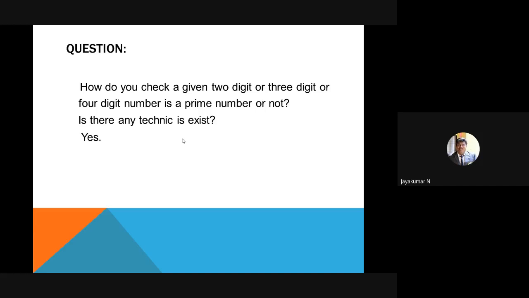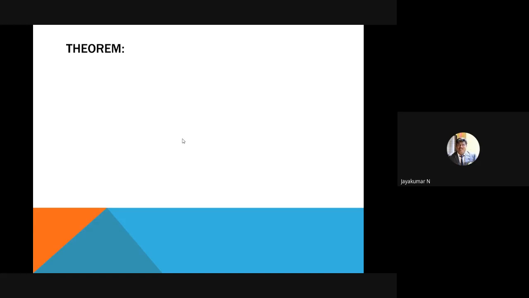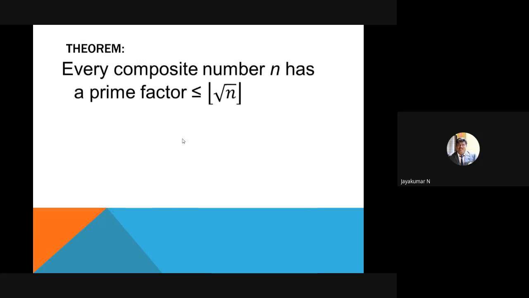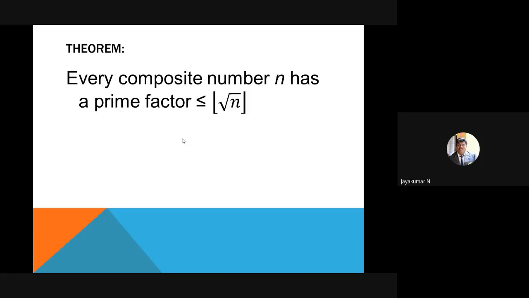The answer is yes. That is nothing but our next theorem. The next theorem: every composite number n has a prime factor less than or equal to floor function of root n. Sir, the before question you asked about prime numbers, but you gave the theorem about composite numbers. Sir, you may ask this question, and simply I can reply.